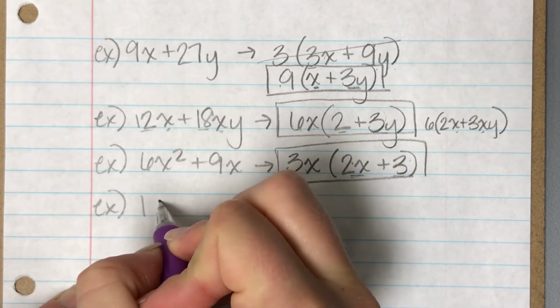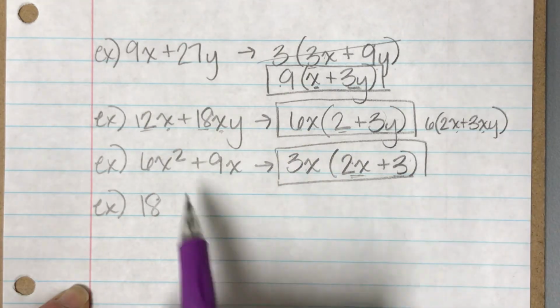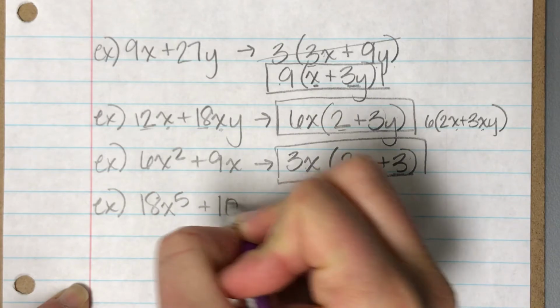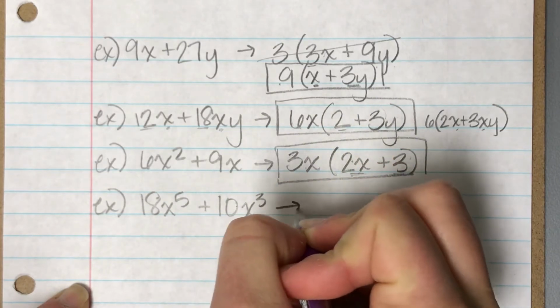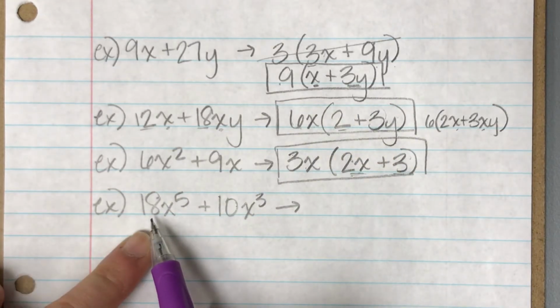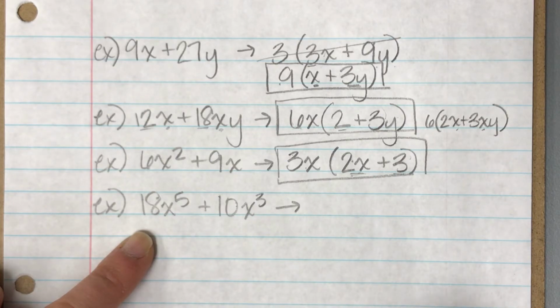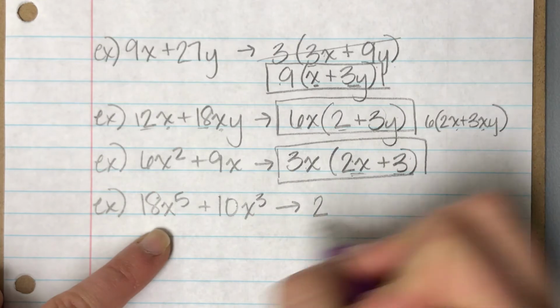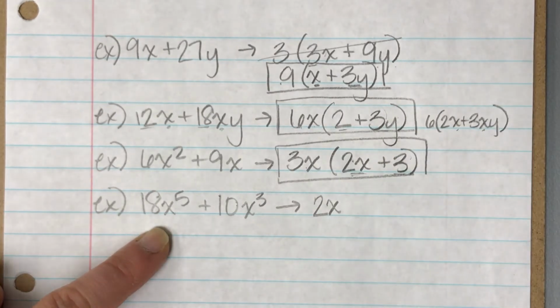If I have, let's just amp up those exponents a little bit. If I have 18x to the 5th plus 10x to the 3rd, 18 and 10 only have a 2 in common. And then we know that they both have x's, so I'm going to put an x out front.